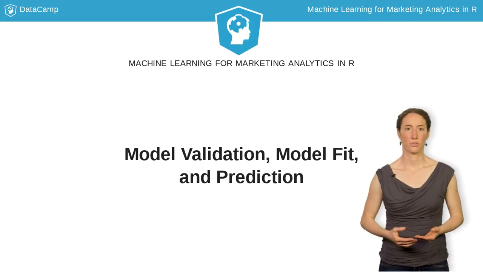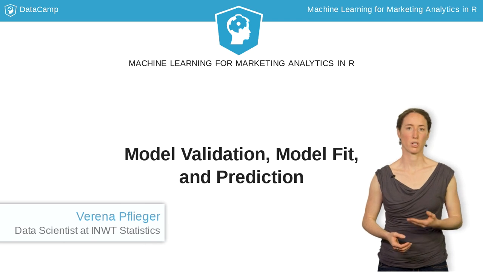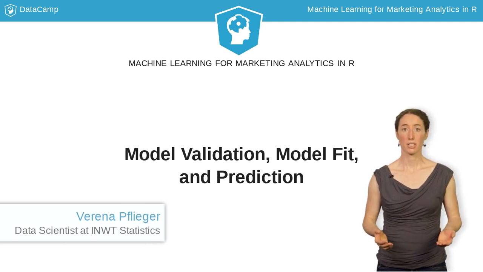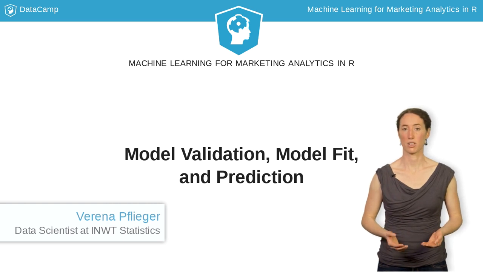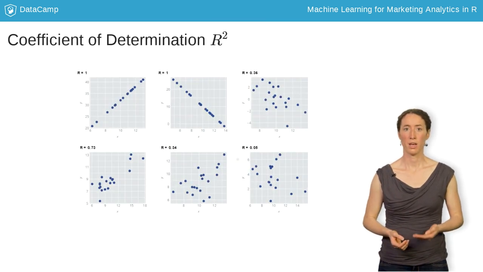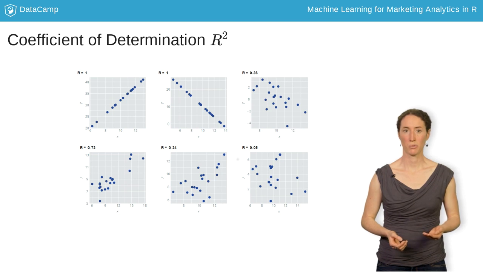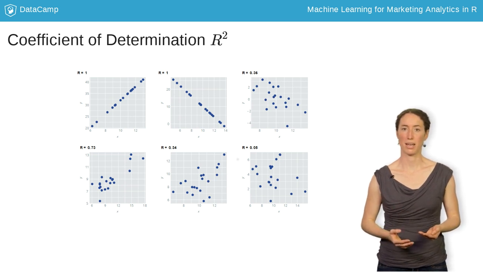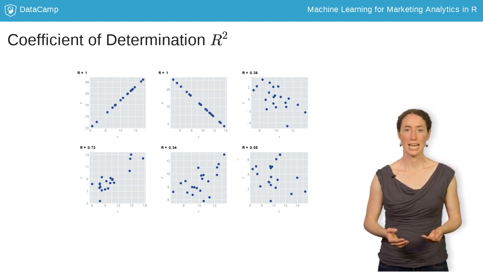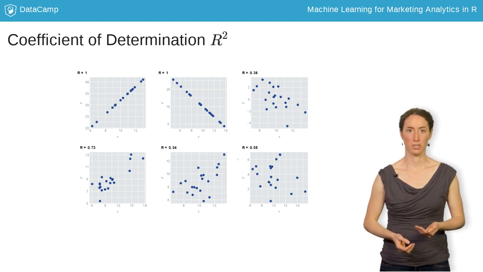There are several goodness of fit measures used to judge a model's fit. One is the so-called coefficient of determination, or the multiple R-squared. The value of multiple R-squared provides the proportion of the dependent variable's variance that is explained by the regression model.